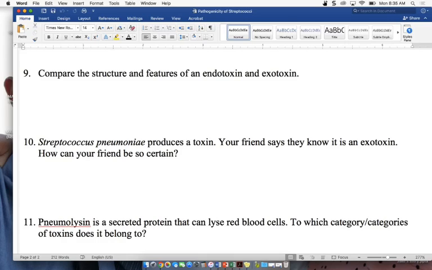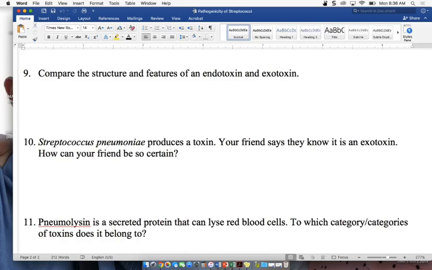Exotoxins and endotoxins, but in your own words. What are some of the features of exotoxins and endotoxins that differ from one another? Endotoxins are lipid and exotoxins are protein.